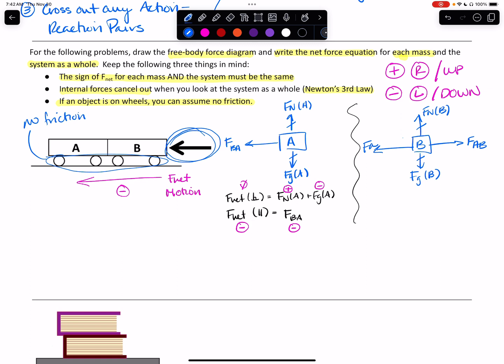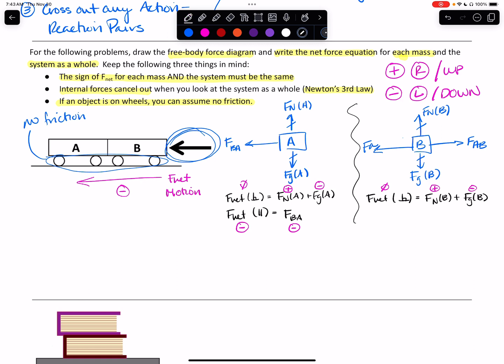So let's write our F net equations. We'll start again with our perpendicular. That's going to again be the normal force, but for B, plus the gravitational force for B. Similar to before, that gravitational force is negative, the normal force is positive, and F net will be 0.